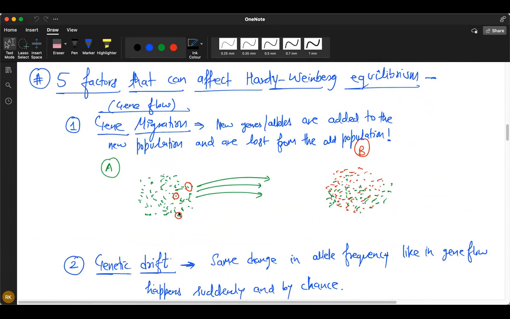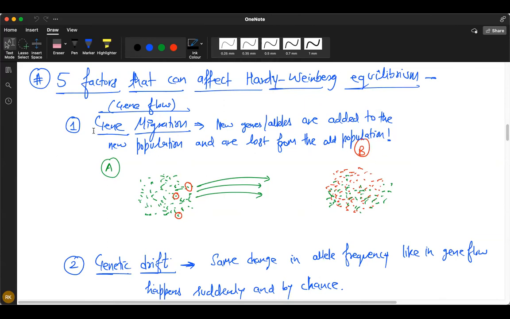Coming to the question, it was based on this. What factors can affect Hardy-Weinberg equilibrium? So Alan, would you like to just revise this quickly? What five factors can affect Hardy-Weinberg equilibrium? Are you there, Alan?